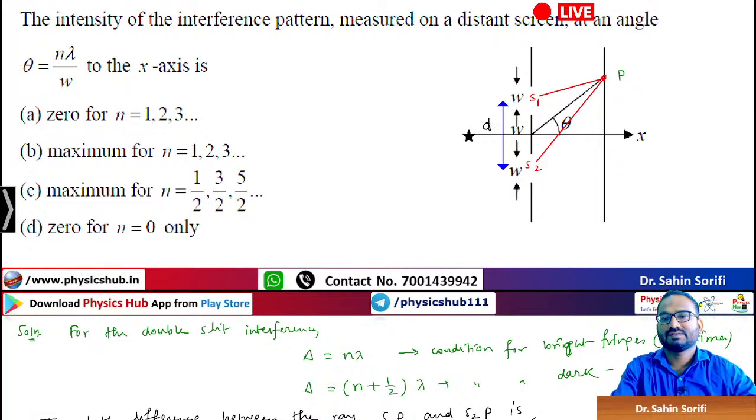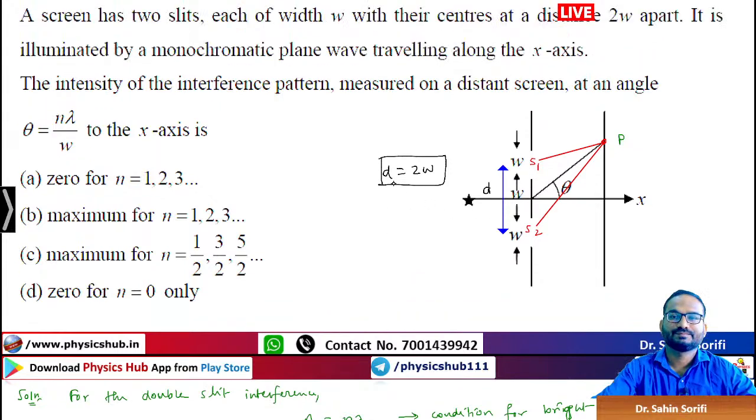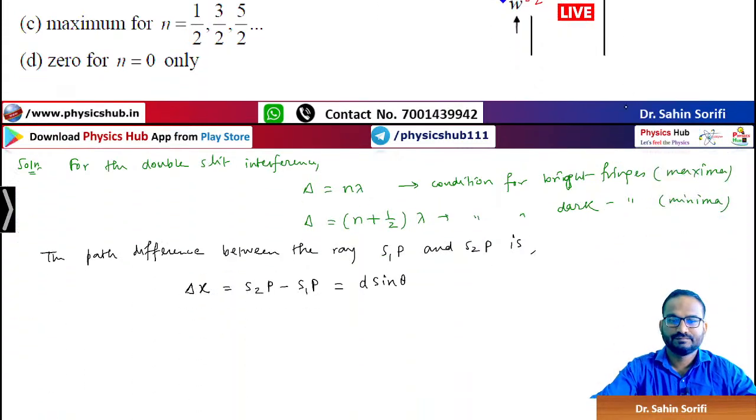As you can clearly see in this question, d is 2w, right? Because each has a width w, and from the figure you can see that d is nothing but 2w. It has mentioned also that their centers are a distance of 2w apart.